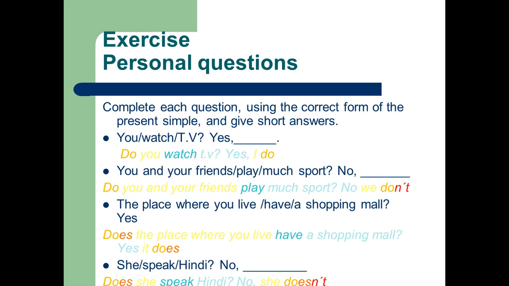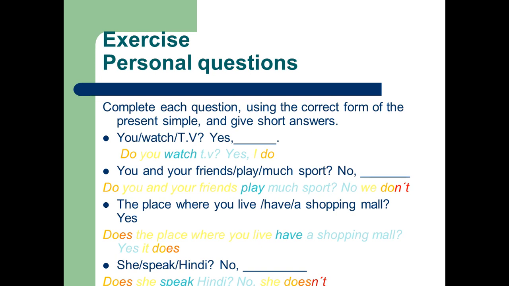Do you watch TV? Yes, I do. Siz televizor tomosha qilasizmi? Ha, tomosha qilaman. Do you and your friends play much sport? No, we don't. Siz va do'stlaringiz sport bilan ko'p shug'ullanadimi? Yo'q, biz shug'ullanmaymiz.